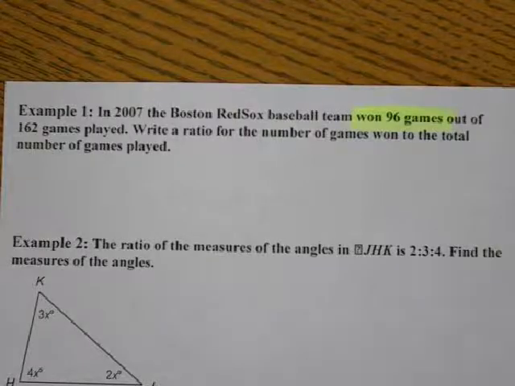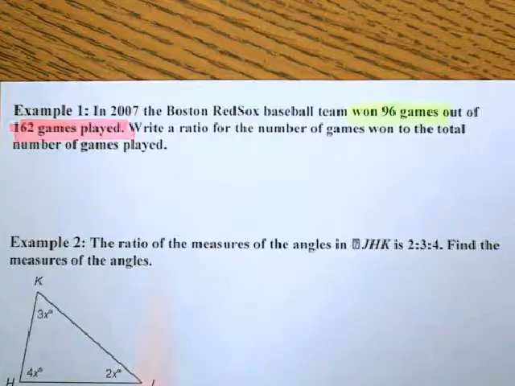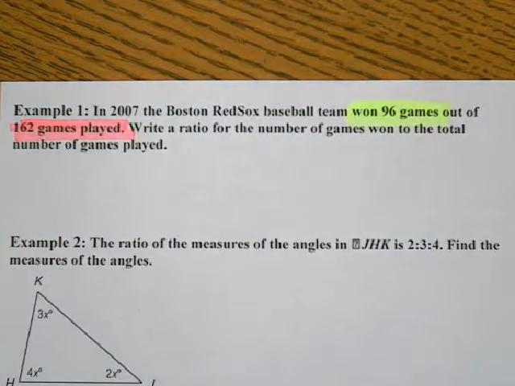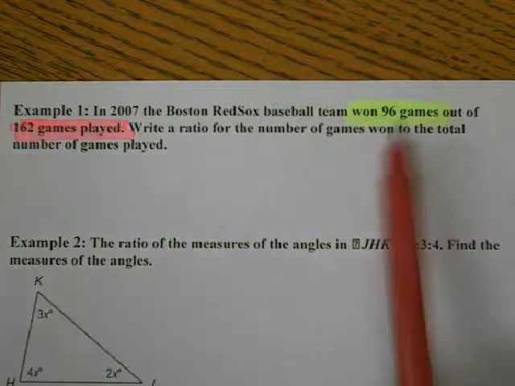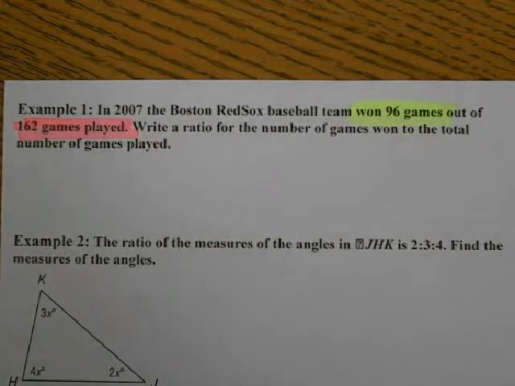So they won 96 games out of 162 games played. Notice I didn't just highlight the 162 or the 96. I highlighted what they stand for, winning the games and playing the games.